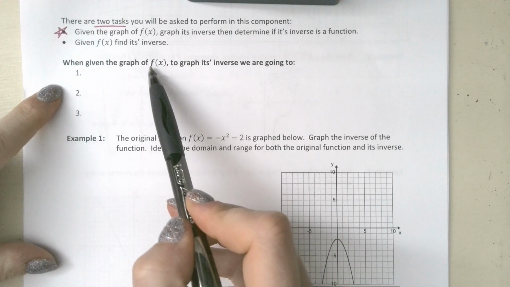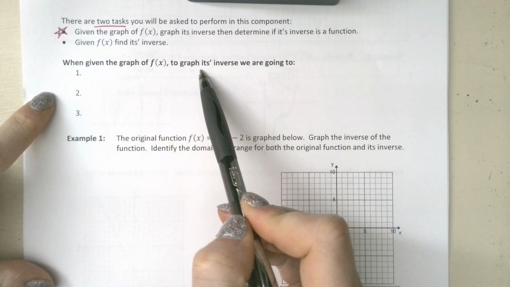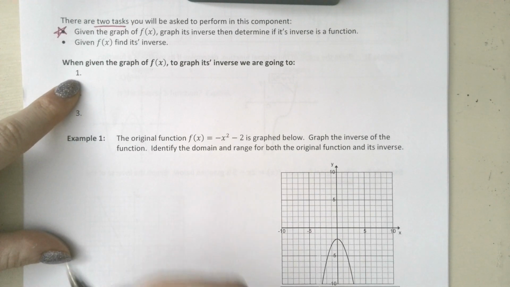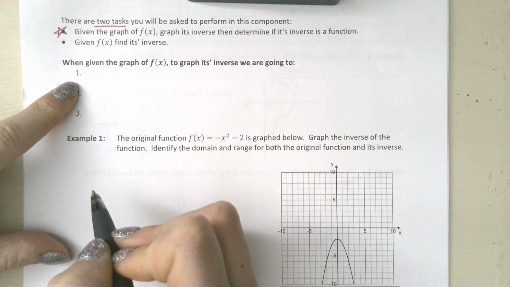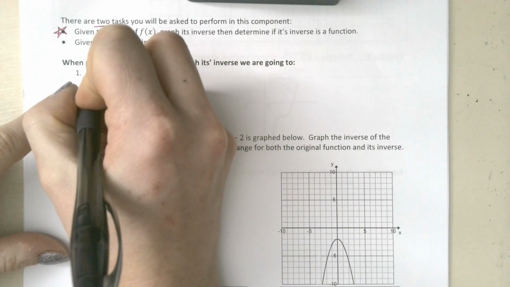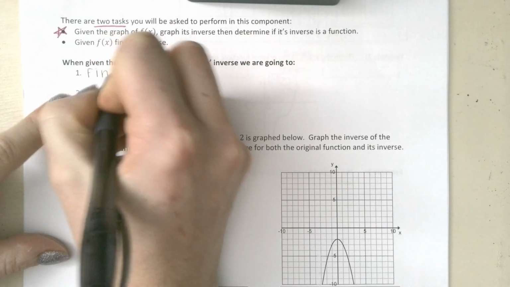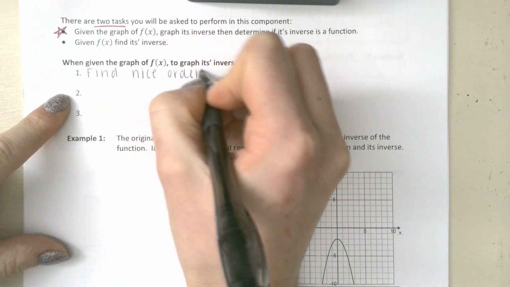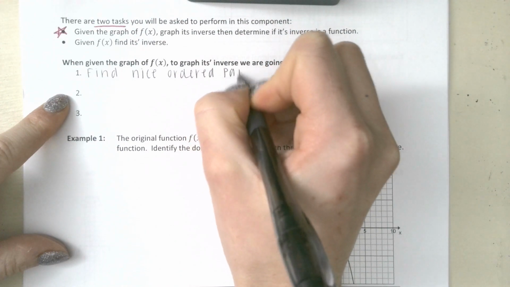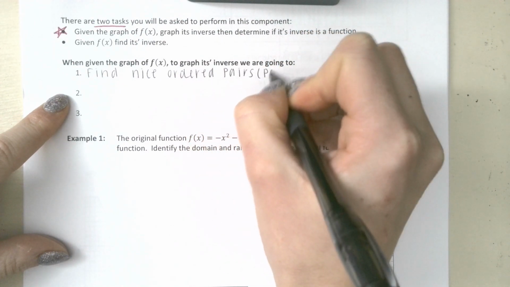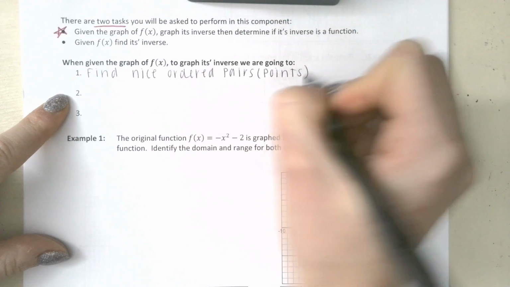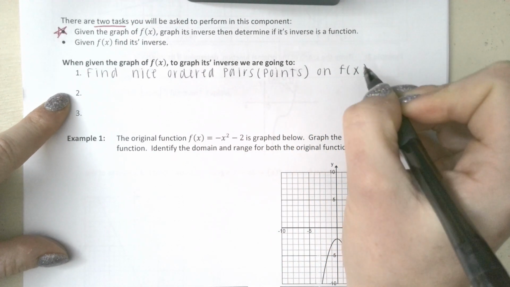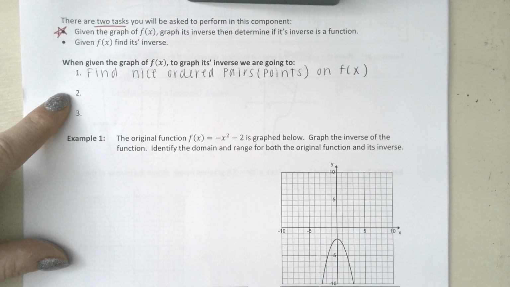So when we are given the graph of f of x, to graph its inverse, we are going to follow 3 steps. The first thing that we'll need to do is look at the graph of f of x and find nice ordered pairs. By ordered pairs, I just mean we're looking for points on f of x. So I'm looking at just the function that they give us. We're going to write down some nice ordered pairs.